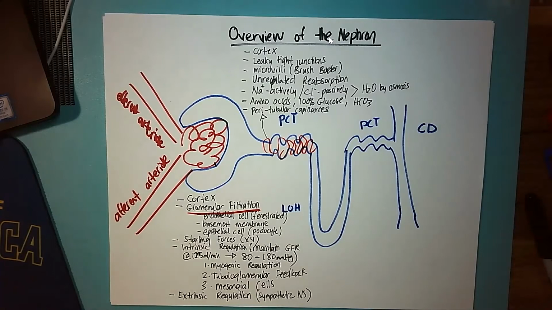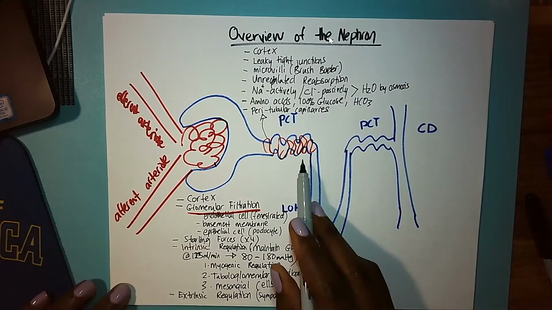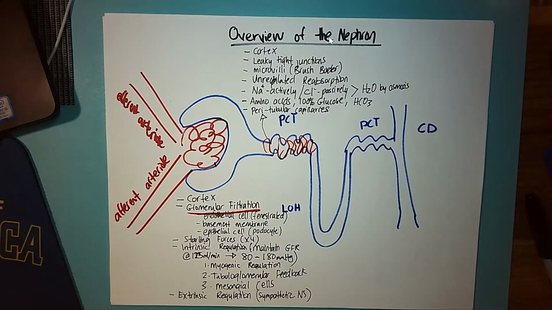Again, remember the key point here is that the reabsorption is unregulated. This is facilitated by leaky tight junctions, by the modification of these cells. And so there isn't any hormone that is acting here. This is not influenced by the nervous system in any way or by the solute concentration in the tubule. This is just happening unregulated and freely, okay?